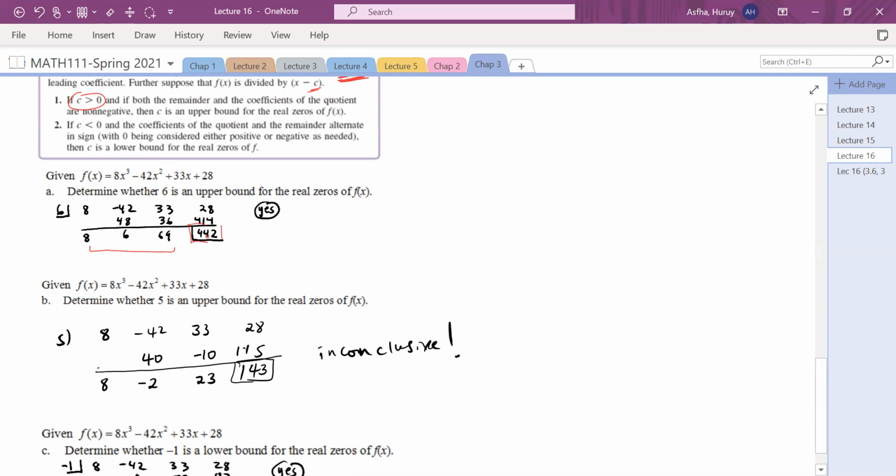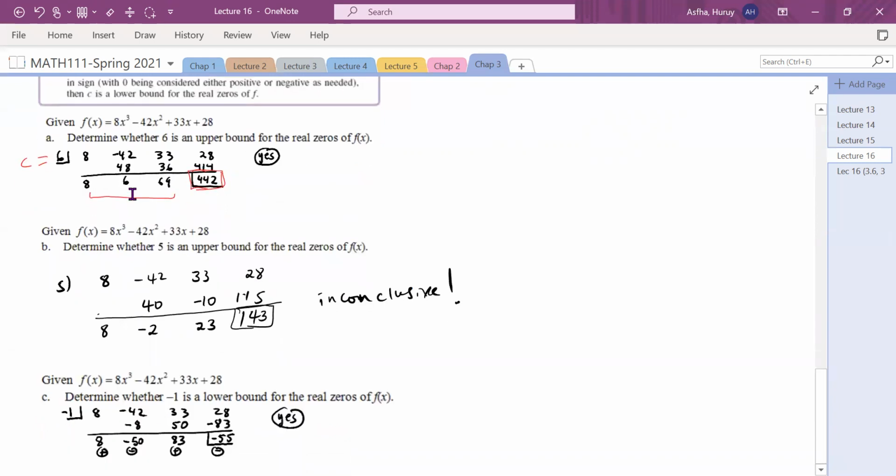Okay, here is the remainder. We put it in a square. And as you can see, all of them are positive. The coefficients are positive, and the remainder is positive, and 6, which is c in this case, is greater than 0. Therefore, by definition number 1, we know that 6 is an upper bound. Okay, this number is an upper bound.